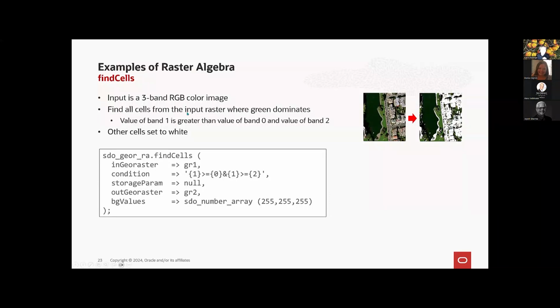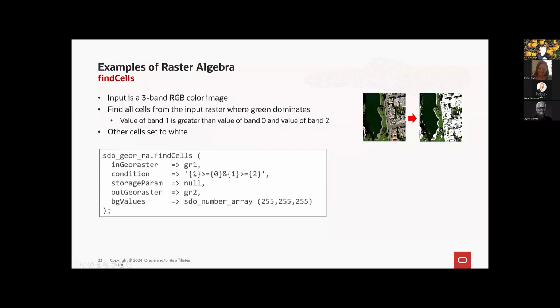Okay, so here we have another example of finding cells. What we want to do here is, based on a 3-band red, green, blue raster image, find the green parts in that image, and this is expressed via this condition.